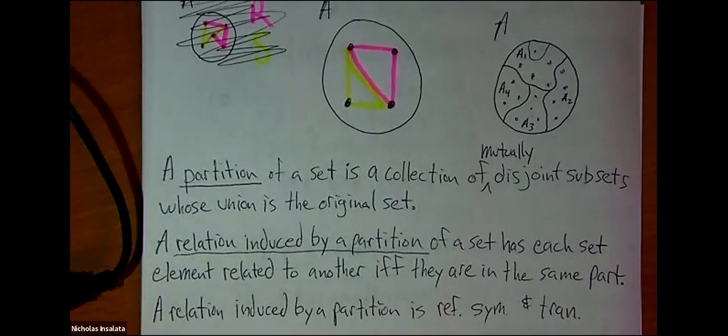Your book goes through a whole algebraic proof, which I don't think is necessary. I think it's pretty obvious. If we have a relation induced by a partition, why would that be reflexive? Can you tell me in a single sentence why? Each element is in the same part as itself. Beautiful. That's exactly right.